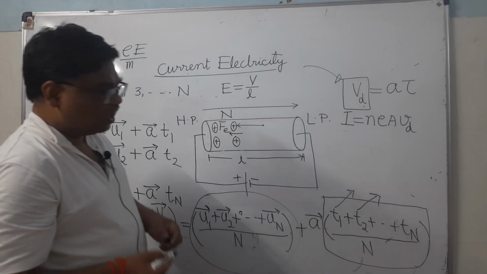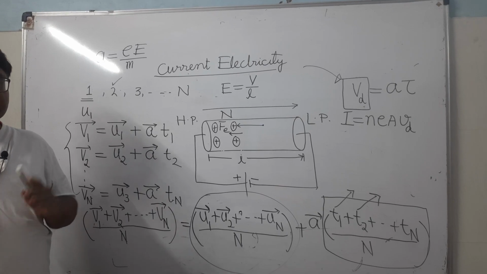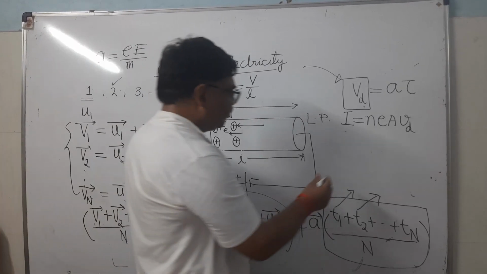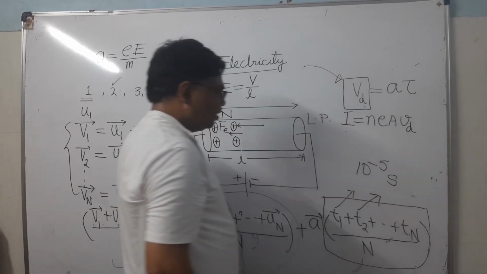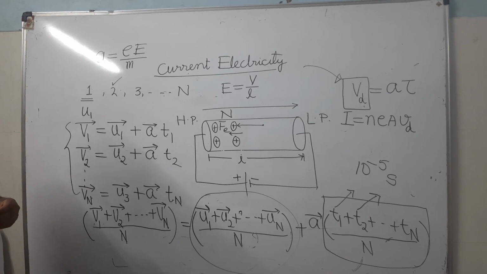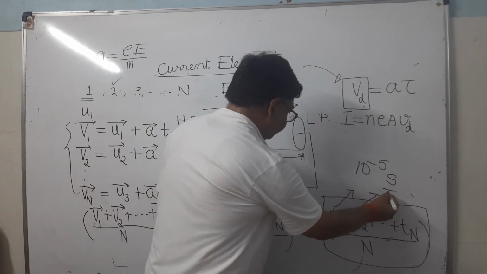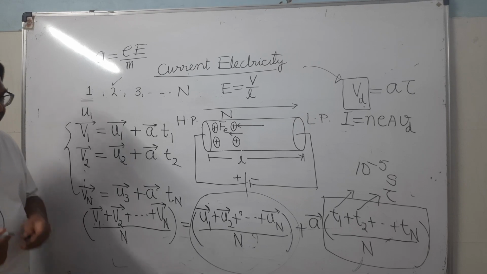It is the average time spent by free electrons in between two successive collisions, and this time it is of the order of 10 to the power minus 5 second. This average relaxation time will be represented by the symbol tau. It is a Greek letter tau, T-A-U.